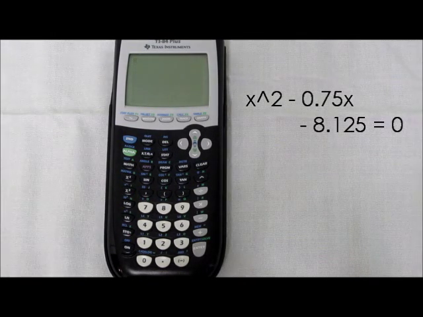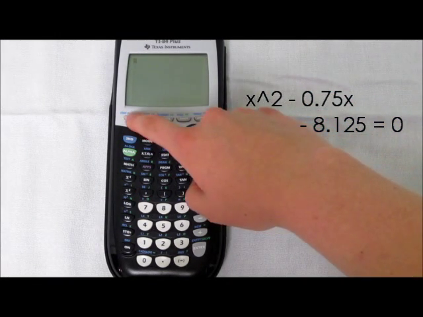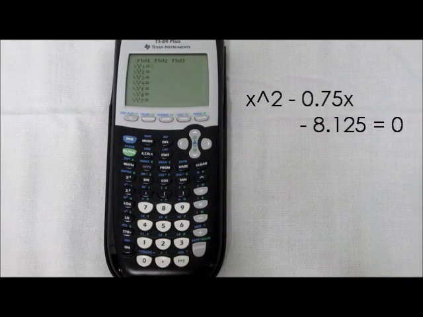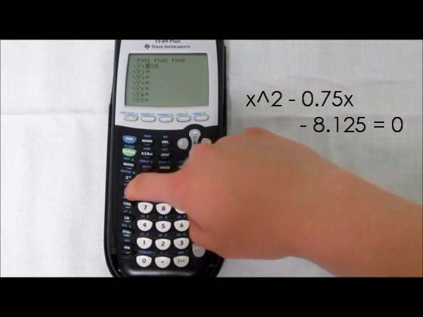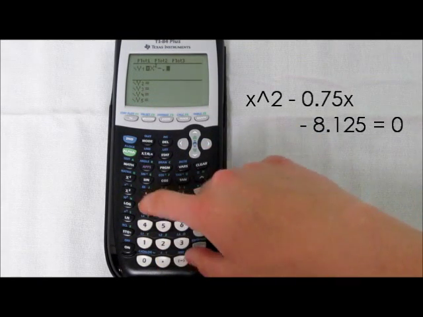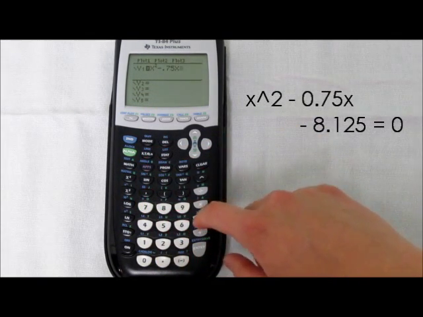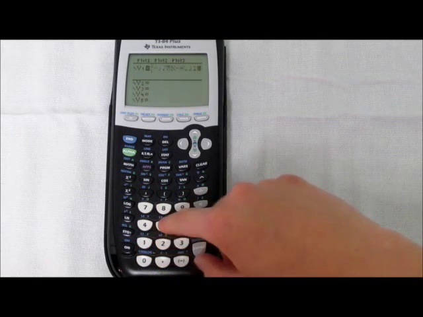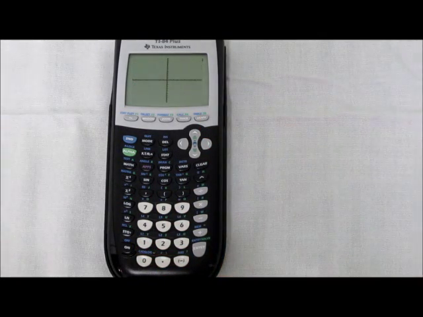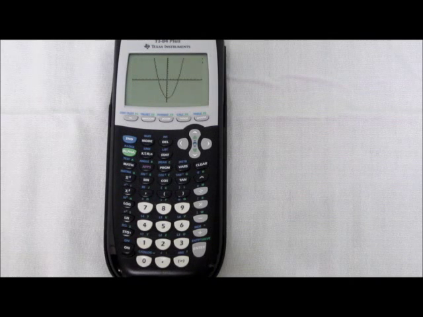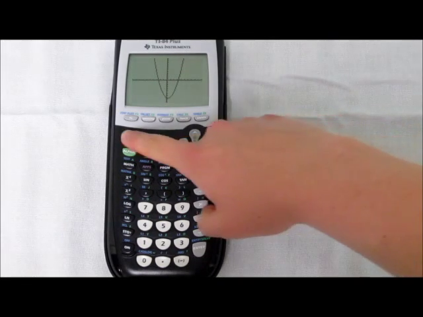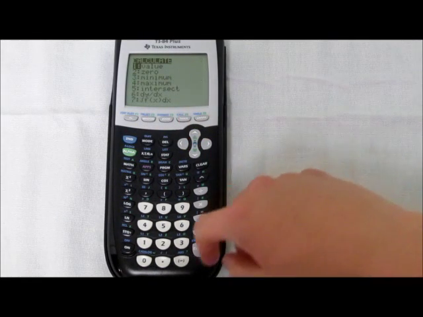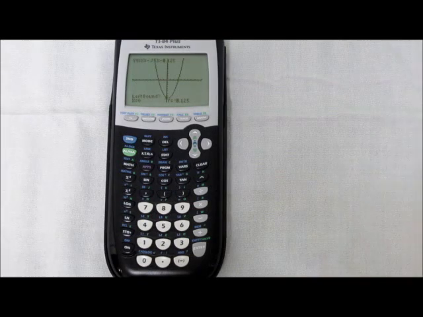Like before, our first step is to press y equals and then enter our equation, which in this case is x squared minus 0.75x minus 8.125, and graph it. As we can see, this has two solutions, and we want to know what they are. Like before, we press second trace and choose option 2 to find the zeros.